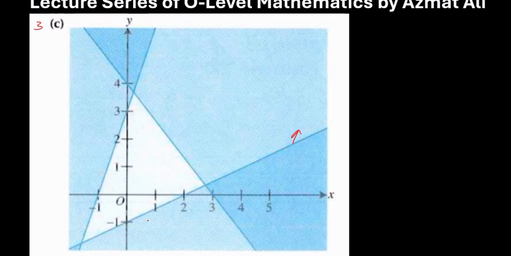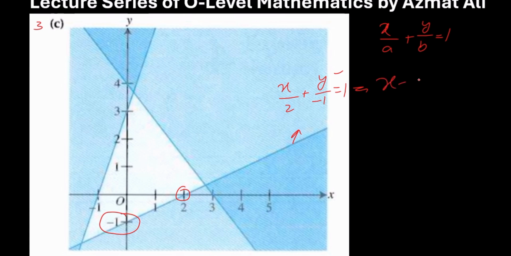As this line cuts the x-axis at 2 and the y-axis at -1, by using the two intercept form, the equation of this line is x by 2 plus y over -1 is equal to 1. As you know, the two intercept form formula is x over a plus y over b is equal to 1. Multiply this by its LCM, we have x minus 2y is equal to 1.